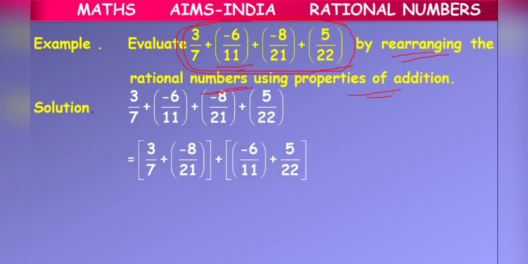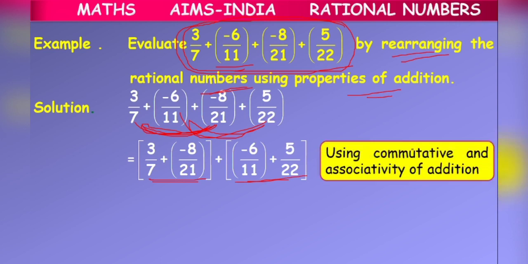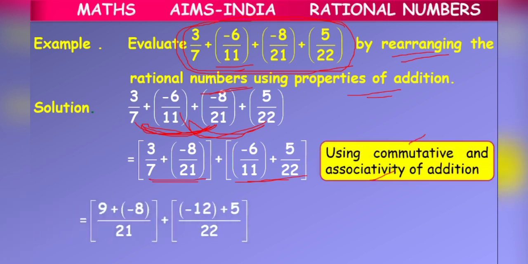First, we will write the given fractions. Next, because 7 and 21 have common factors, we will write them together. 11 and 22 also have common factors, so we will write them together using the commutative property or associative property.